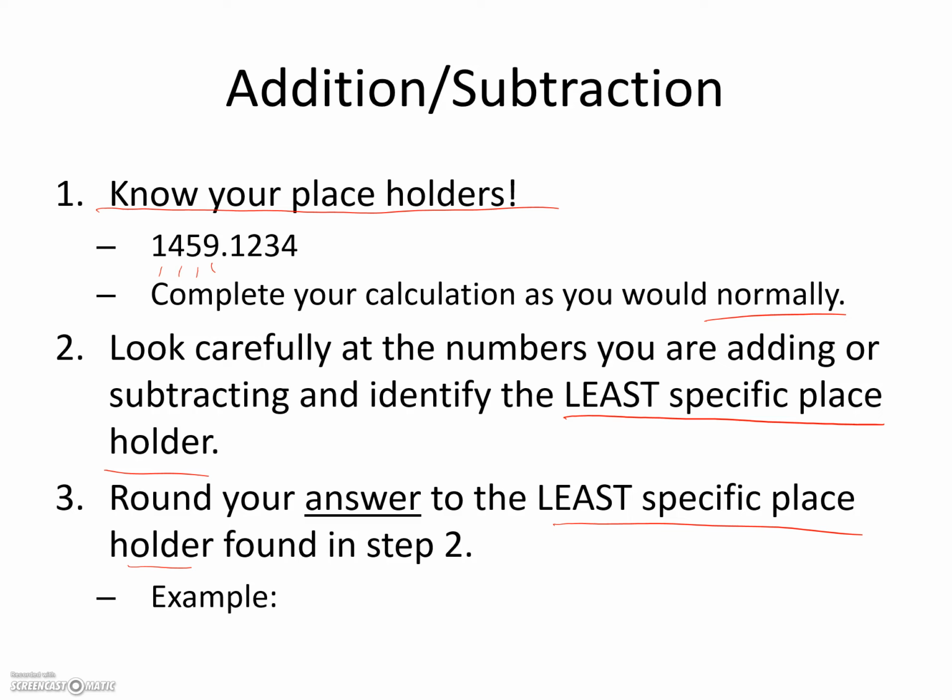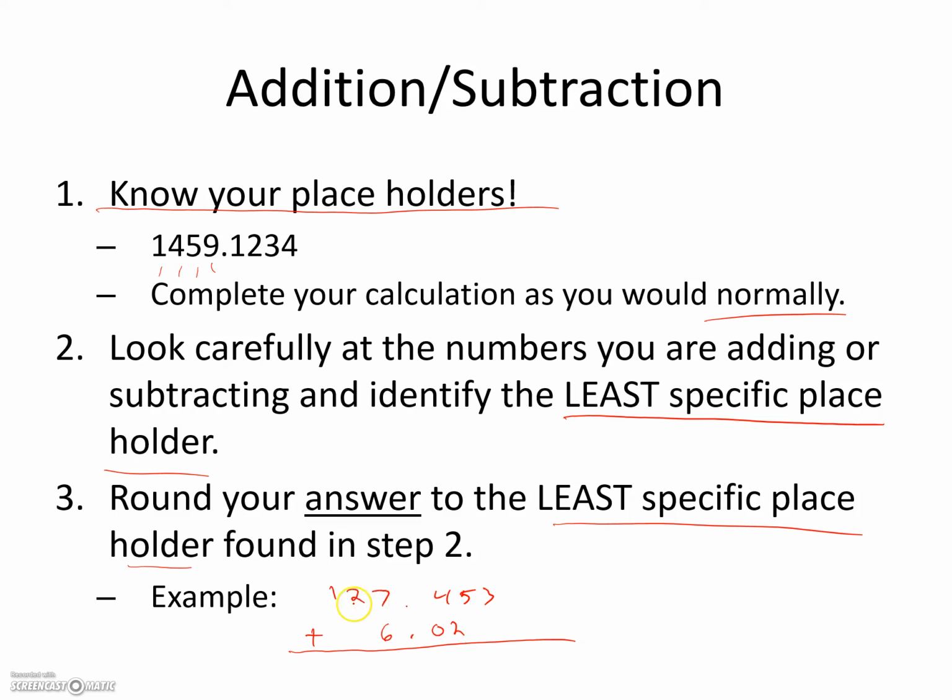So again, let's say I have 127.453 plus 6.02. Now, if I look at those 2 numbers, 127.453 has 6 sig figs, 6.02 has 3 sig figs, but it's not the number of sig figs I'm concerned with, it's which placeholder was the last placeholder I'm certain of.